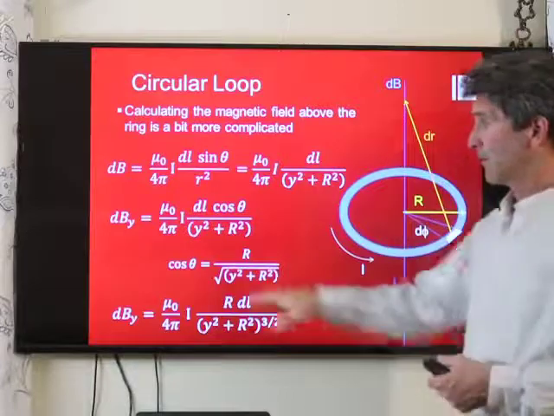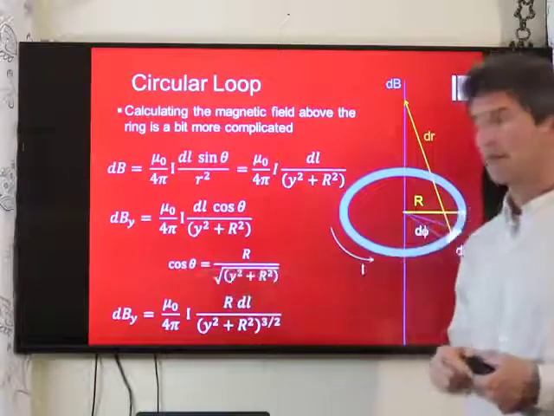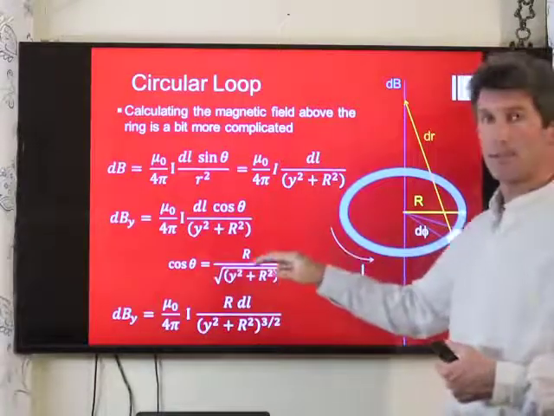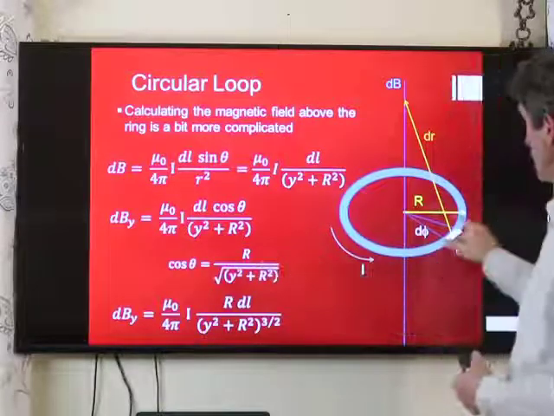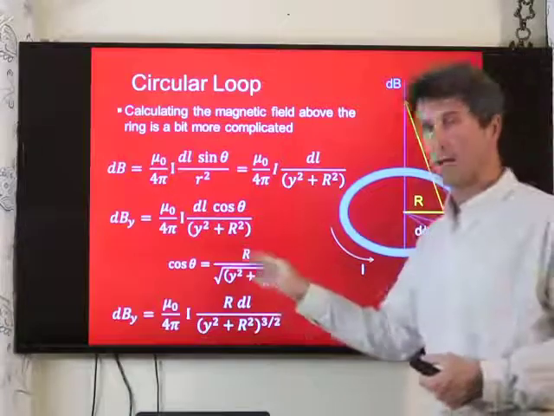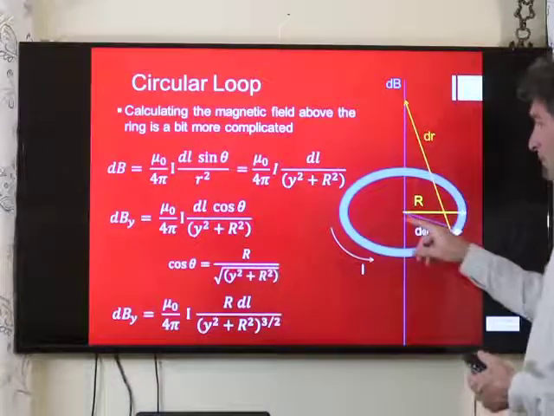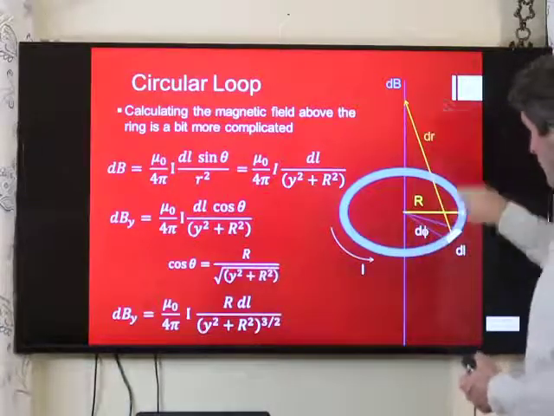We know that cosine theta is equal to the adjacent side, so that's the r right here, divided by the hypotenuse, which is right here.